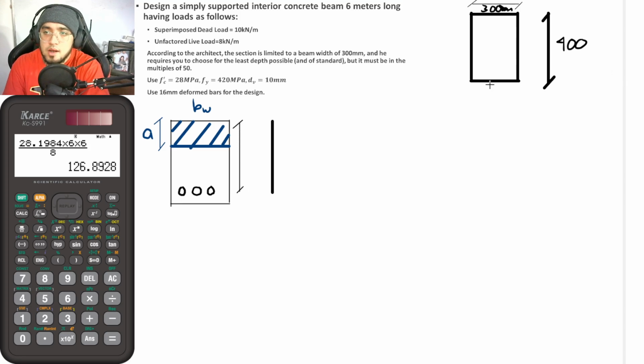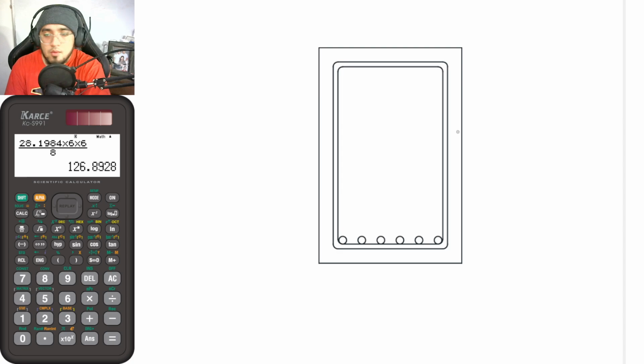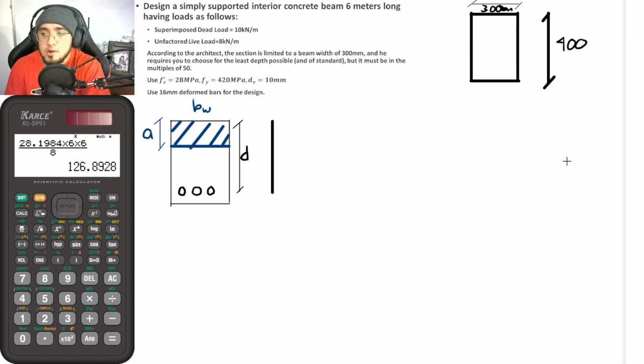Okay, so what is now the composition for our depth D? Or how can we solve for depth D? So suppose that we have this particular figure. Depth D once again is from the top up until the centroid of your tension members. Okay, so for our situation here, my first analysis is that I will be assuming that the rebars will now be just one layer.